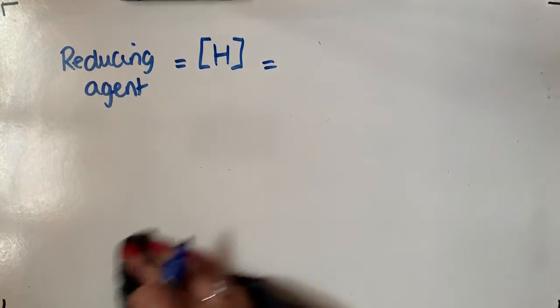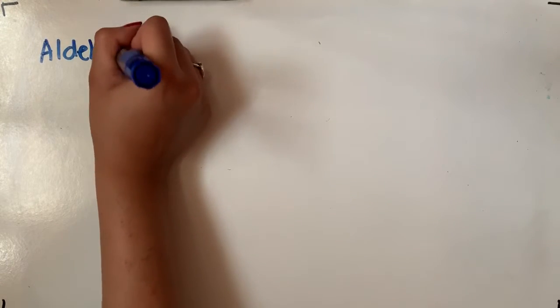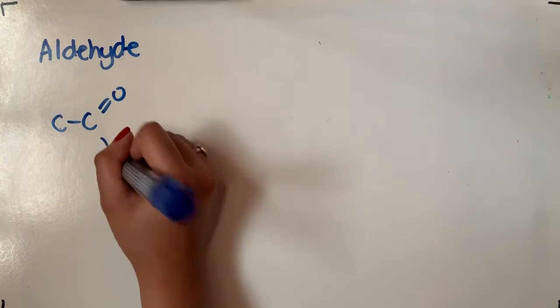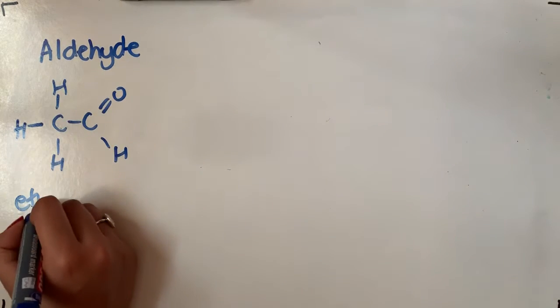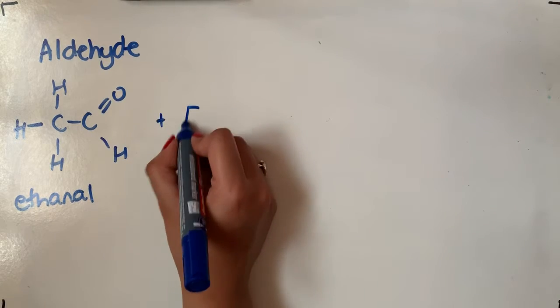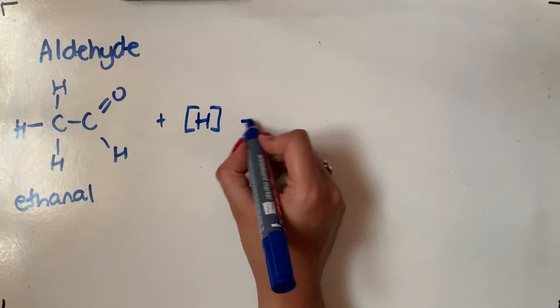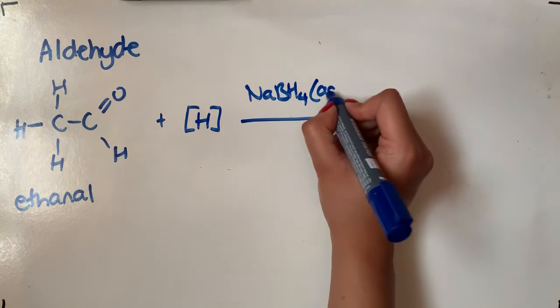Let's now have a look at a reaction. Let's have a look at an aldehyde undergoing a reduction reaction, and the aldehyde I'm going to choose, just go for the simplest one, ethanal, like so. Have H in square brackets to represent our reducing agent, which is aqueous sodium borohydride.